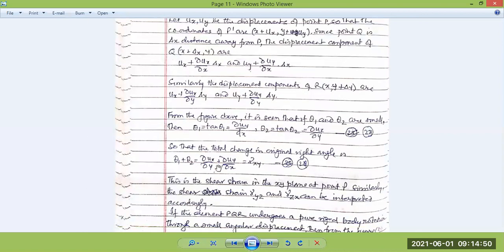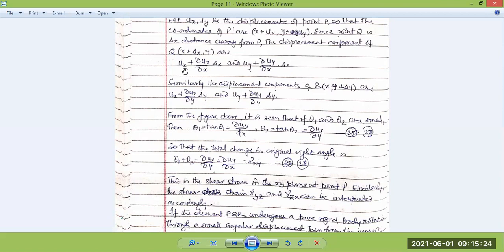Similarly, the displacement of R will be at x, y plus delta y. First, the displacement components of Q will be ux plus delta ux by delta x into delta x, and uy plus delta uy by delta x into delta x. The argument is the same as before. First we add ux, the initial component.